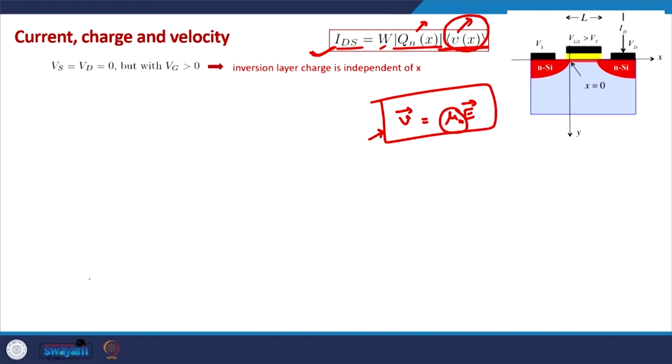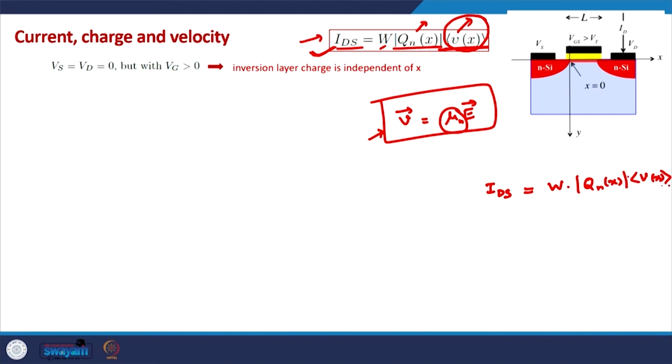So, this is the starting point. IDS is W times QN(x) times the average velocity with which this charge moves.